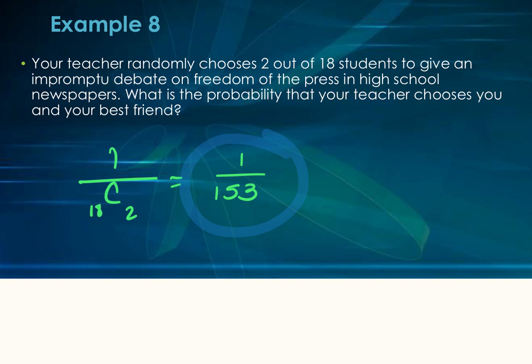I'm trying to think. If it was you with either of your 2 friends, now it would be 2 out of 153. That's where you could see that, like on a test. So you want to get paired with one of your 3 friends. Now there's 3 choices out of the 153. Does that make sense? Okay.